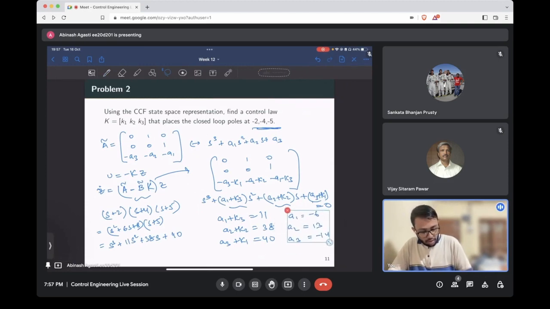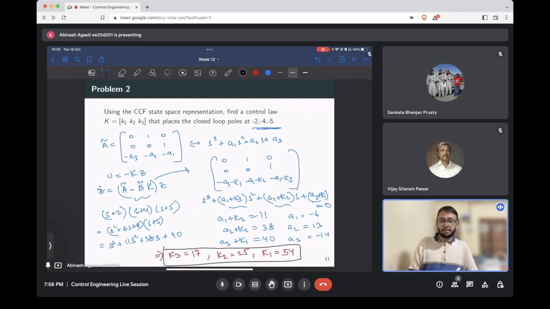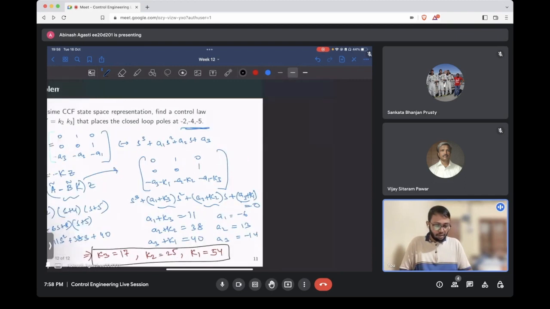Right? So this means k3 is 11 minus a1, so 17. K2 is 38 minus a2, which is 25, and k1 is 40 minus a3, which is 54. So this is the desired controller, when we have the system in the controllable canonical form, right?